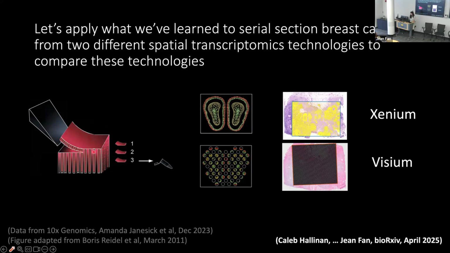They subjected one of them to Xenium, which is their imaging-based transcriptomic platform, which is targeted. It's limited to a couple hundred genes, but it is single molecule, single cell resolution. And they subjected another one to their Visium technology, which is capture and sequencing based. So it's spot based, but sequencing, so you get the full transcriptome. We wanted to compare and see if maybe there's some way to integrate across these technologies.